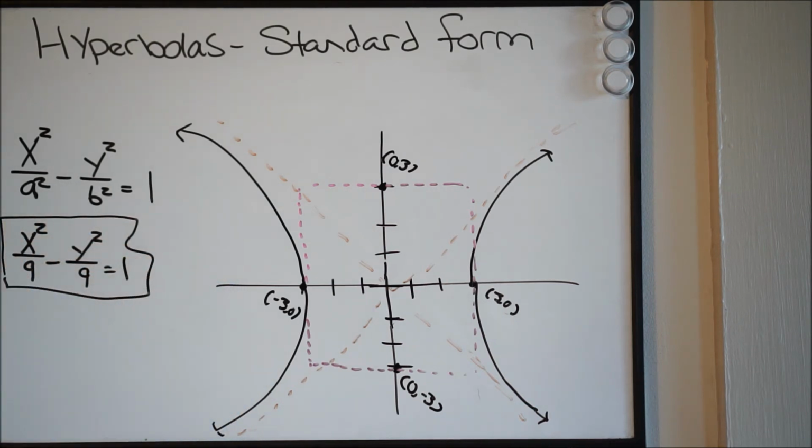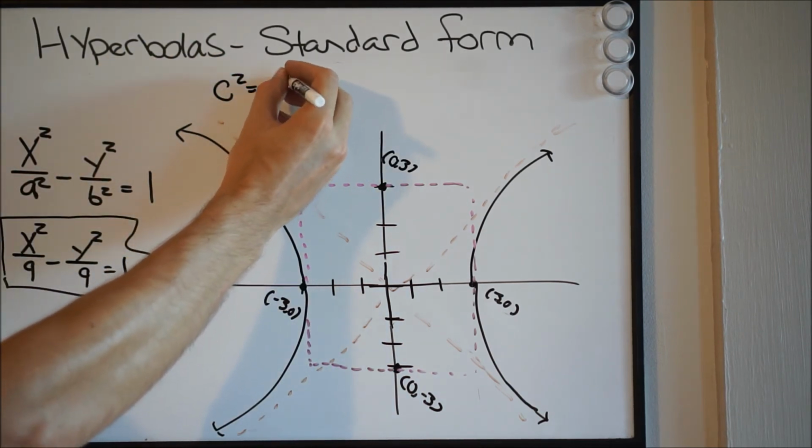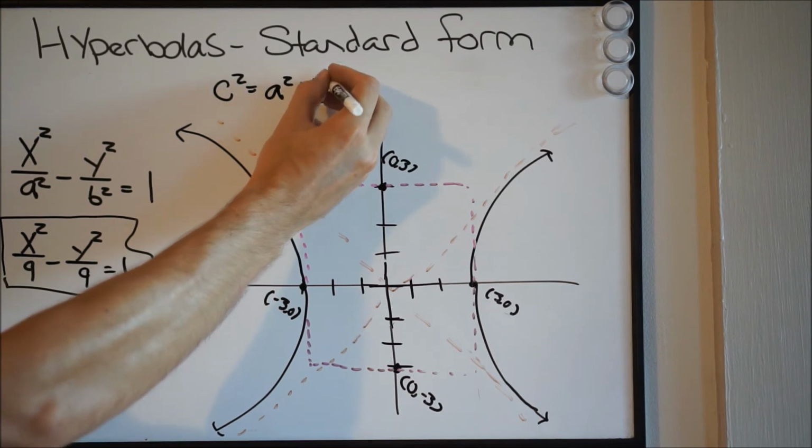Now there's a couple of other things we can do here. We can identify where the foci are occurring, and in order to do that, we can use the following equation. There's a relationship between the vertices on the transverse axis, the co-vertices on the conjugate axis, and the foci. When dealing with hyperbolas, you're going to have c squared equal to a squared plus b squared.